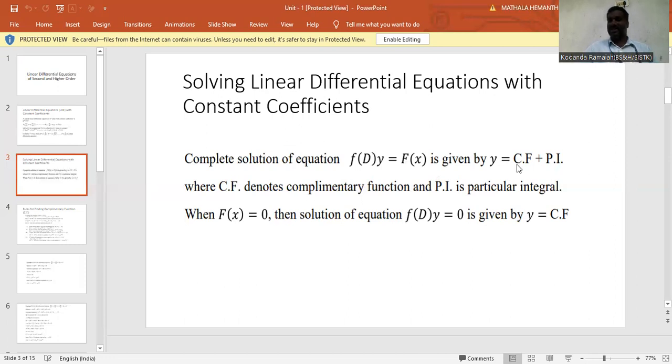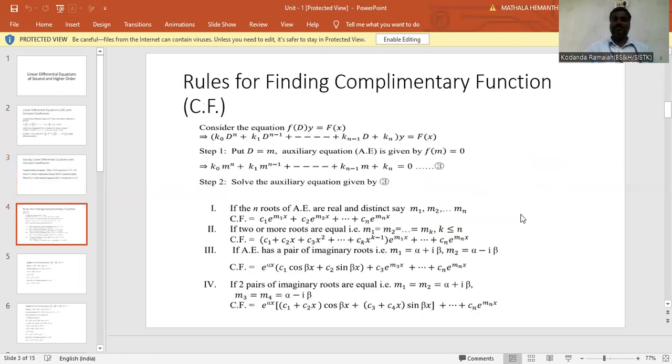The particular integral depends upon the RHS of the given differential equation. Here the RHS term equals 0, so the particular integral is 0. So y equals the complementary function is the general solution of the second and higher order linear differential equation.